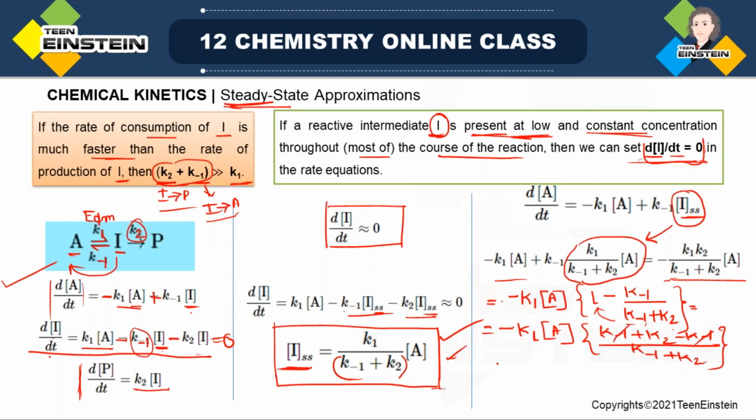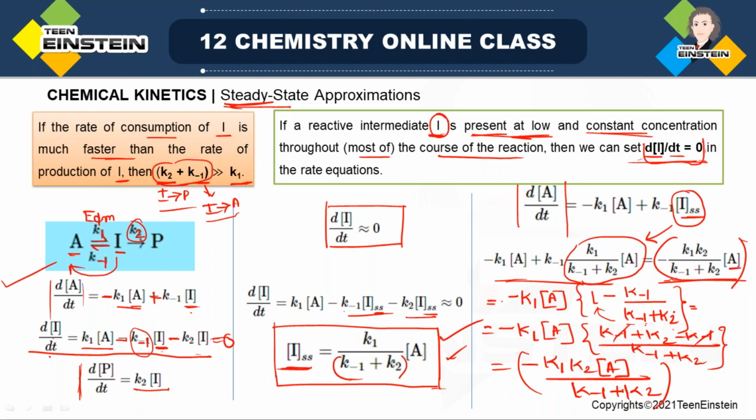Ultimately, the expression left is K1, inside the bracket K2A, and the denominator is K inverse 1 plus K2. I have written here the elaborated part, but ultimately this equation is reduced to this. So this is the expression for dA dt, minus K1 K2 A divided by K inverse 1 plus K2.